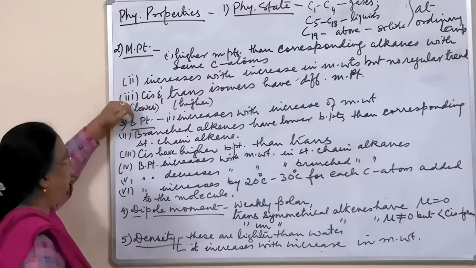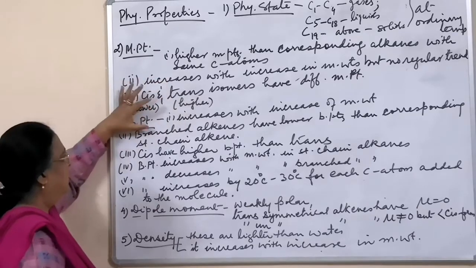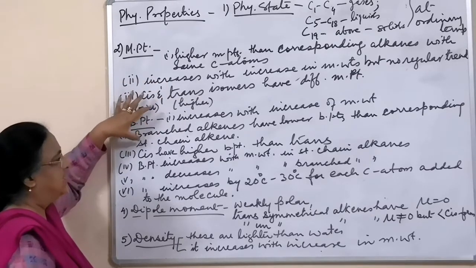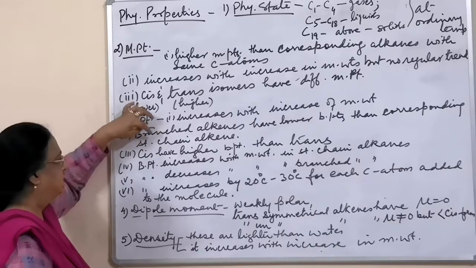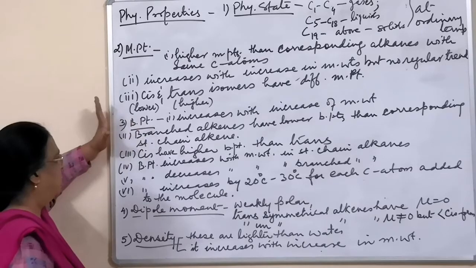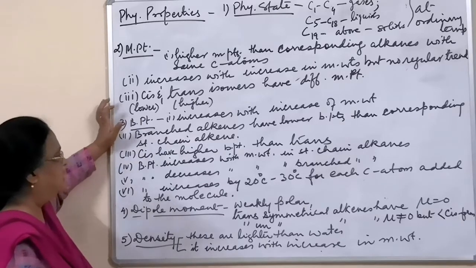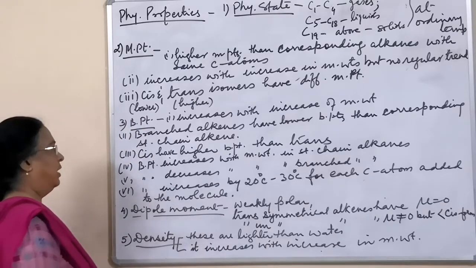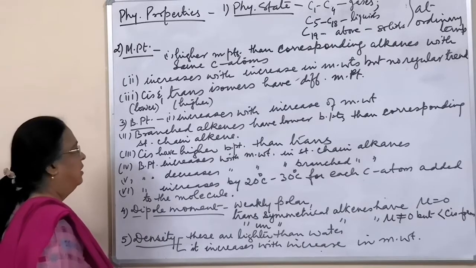Then boiling point: first, it increases with increase of molecular weight. Branched alkenes have lower boiling points than the corresponding straight chain. The molecular formula may be the same, but because of the difference in the chain, the boiling point will change. Branched will have lower and straight chain will have higher.